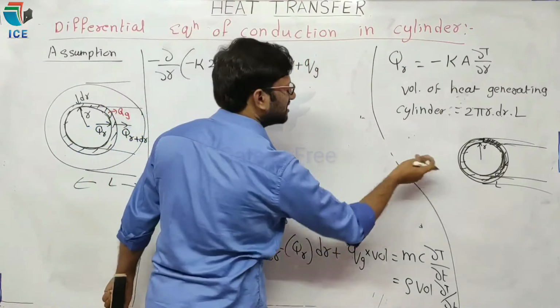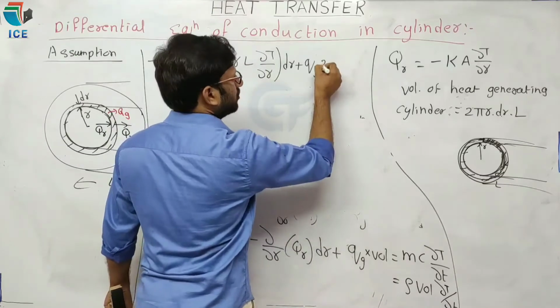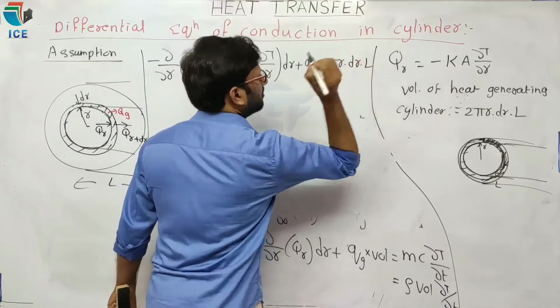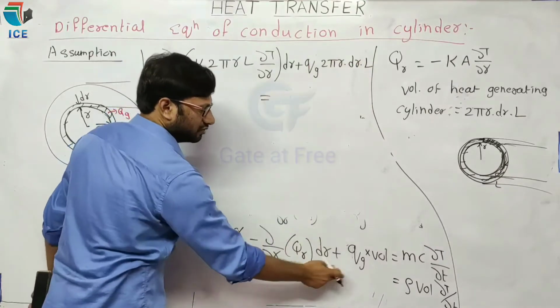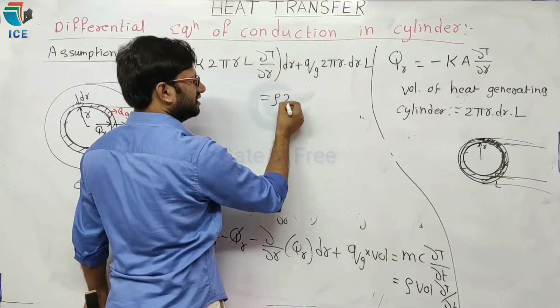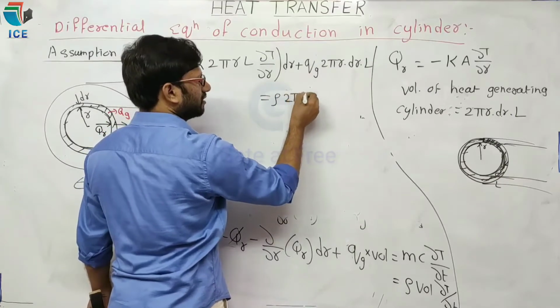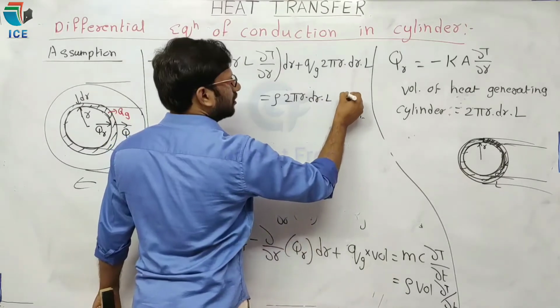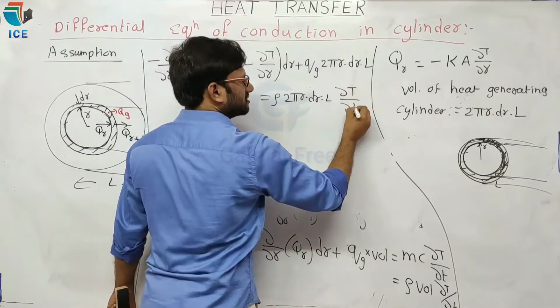The volume of the cylindrical ring is 2 pi r dr into length, equal to density into volume of the heat generation ring, 2 pi r into thickness dr into total length, into dou T by dou t.